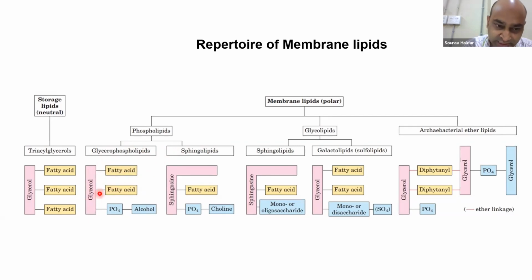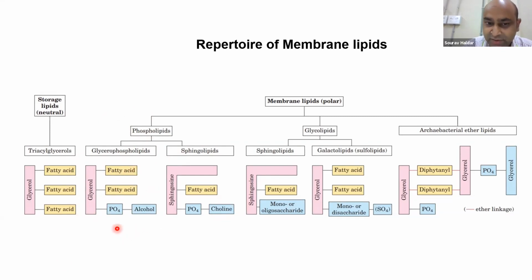So as you know, glycerol is a polyol, which is esterified with fatty acid, and then there is a phosphate group, and sometimes there could be an alcohol or other small molecule like choline, giving phosphatidylcholine. So this constitutes the large amount of lipids that are found in nature.